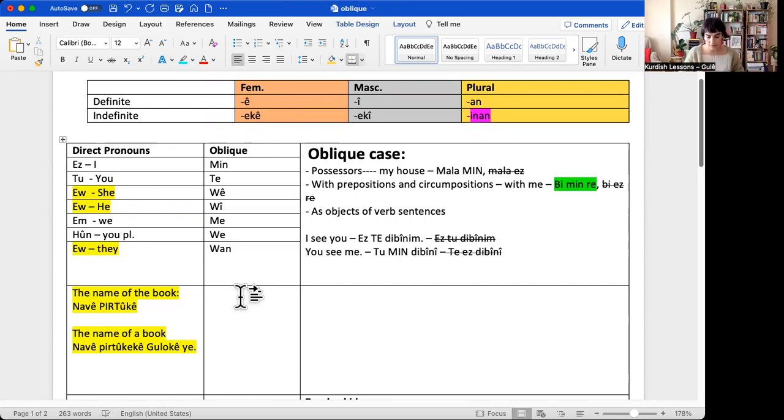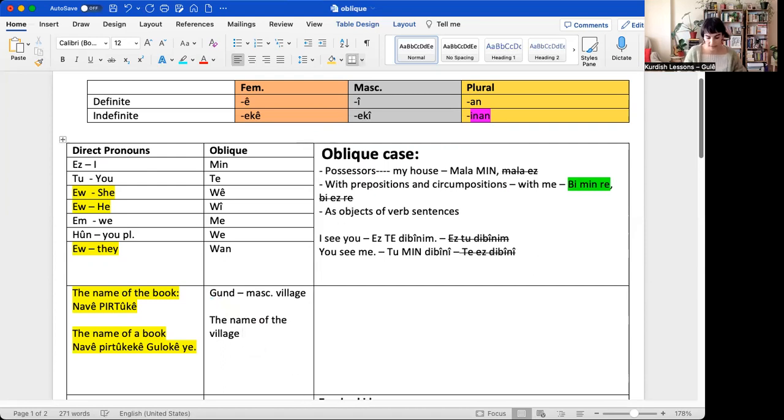And for masculine, let's say gund. Gund is a masculine noun and it means village, right? So the name of the village: the village has a name, so the owner is the village. It means we will say nave gundî.